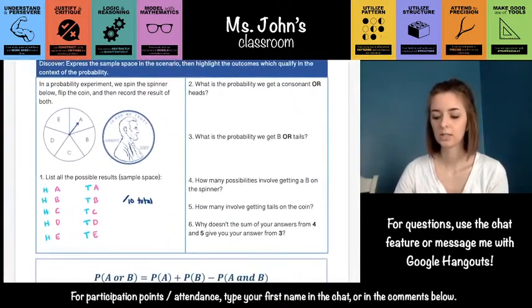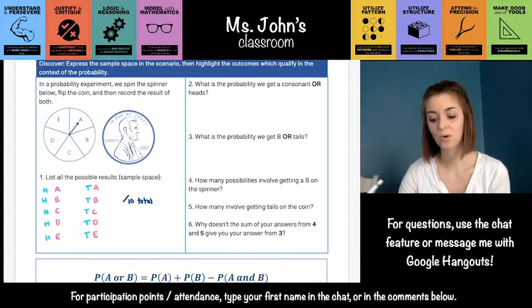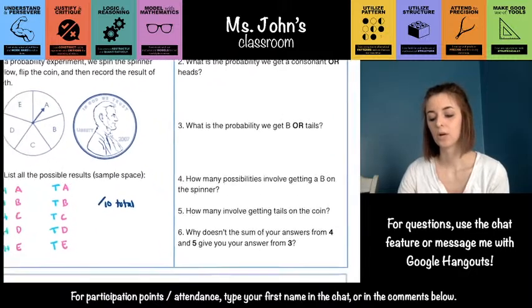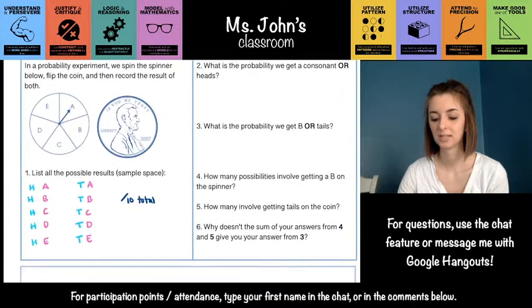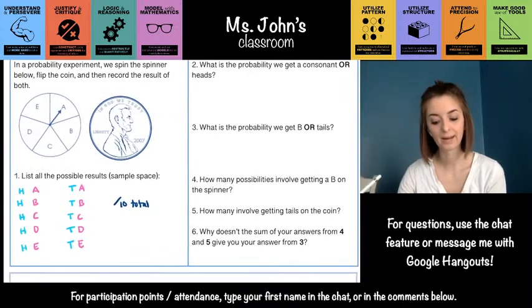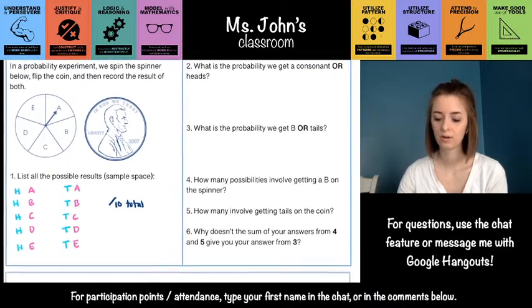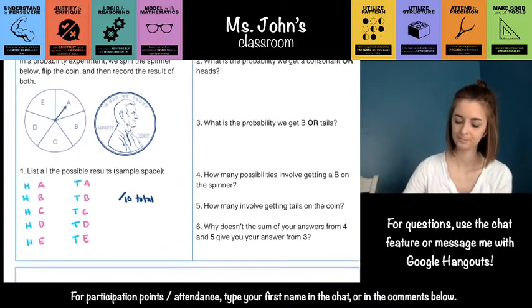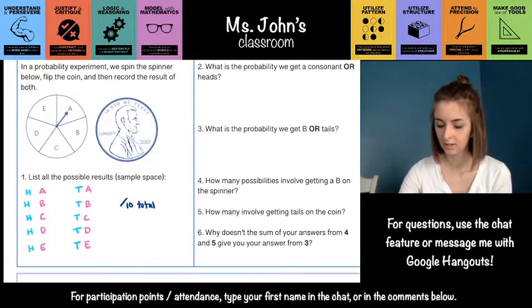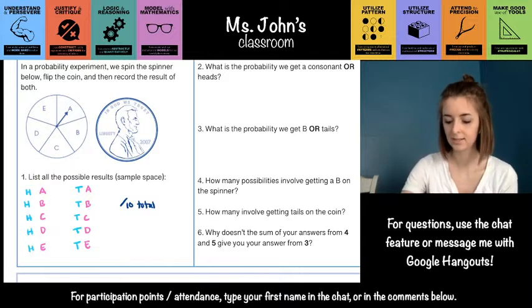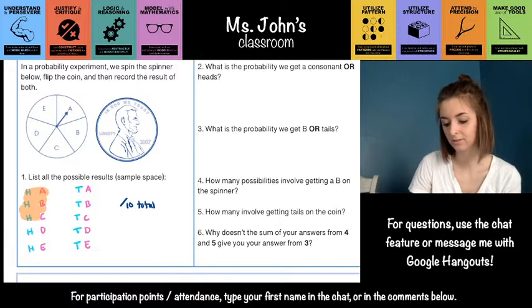So our first question is, what is the probability we get a consonant or heads? So a consonant, meaning B, C, or D, or heads. First of all, all of the heads qualify because in this OR scenario, it's okay if just one of them happens.